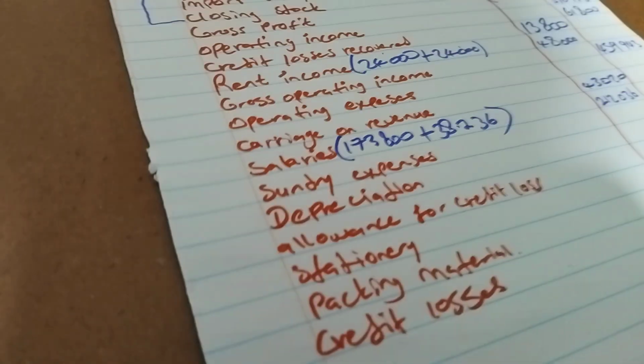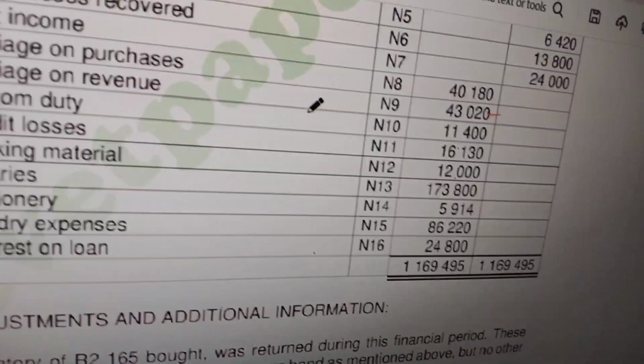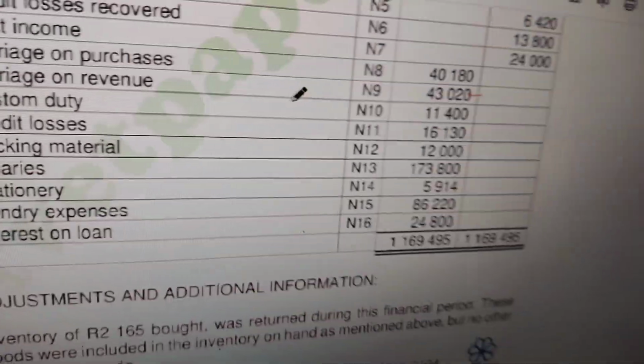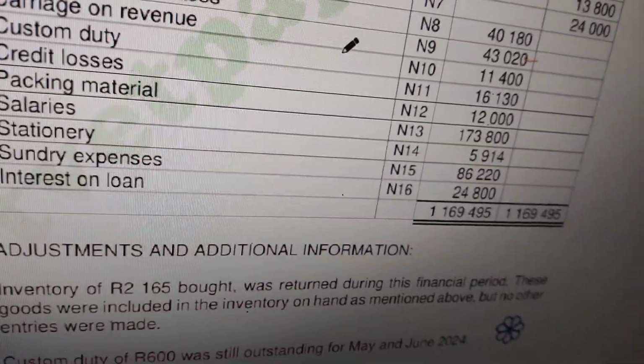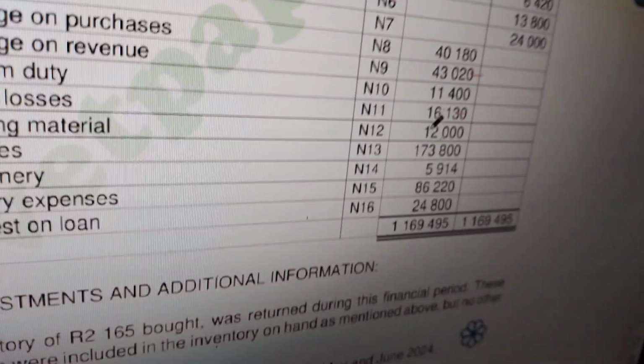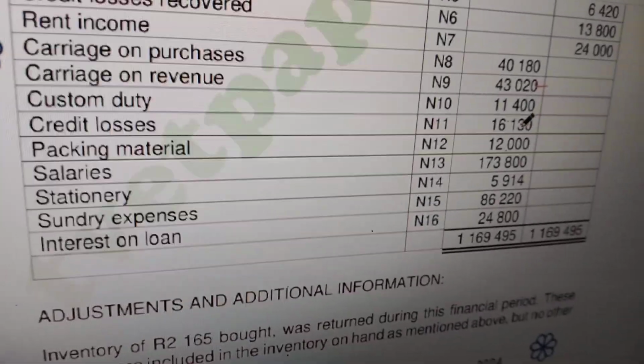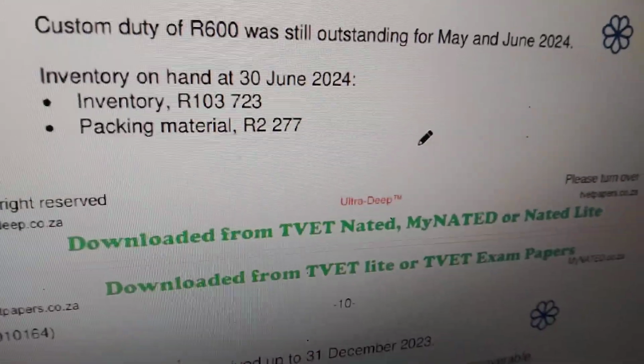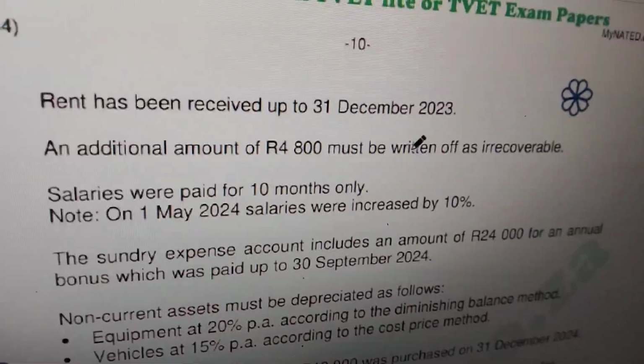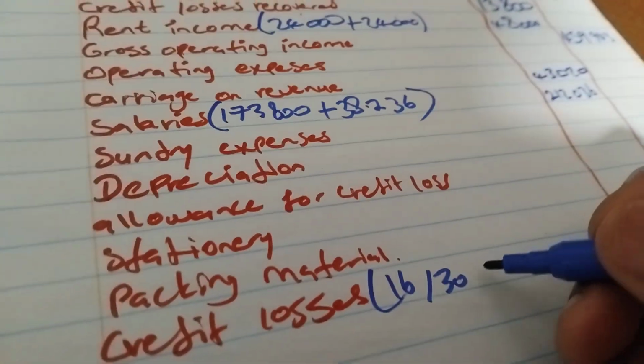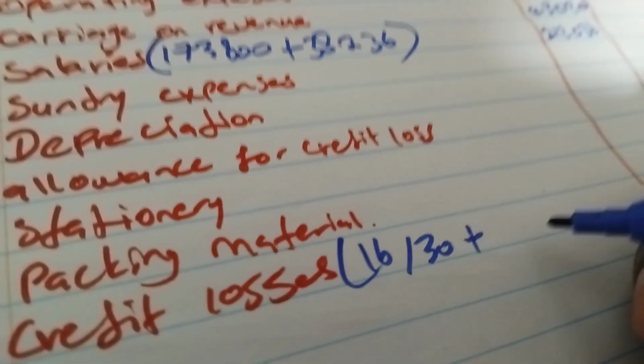So what we're going to do, we're going to say 16,130. This is the amount. And then we're going to add with the credit losses, it's always like this, plus 4,800.